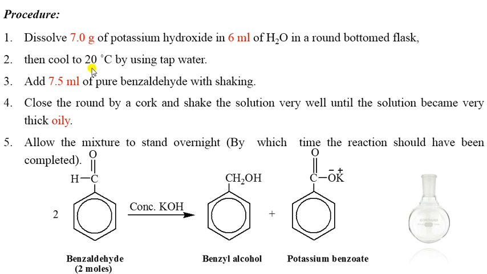Then cool the round flask with tap water, because dissolving potassium hydroxide in 6 ml of H2O releases heat. Then add to this concentrated base solution 7.5 ml of pure benzaldehyde as a starting material, with shaking by hand.